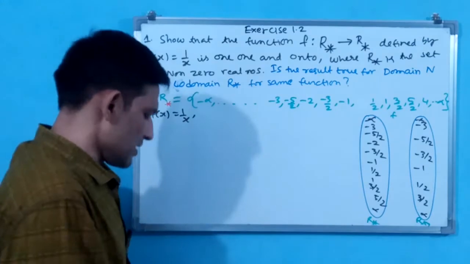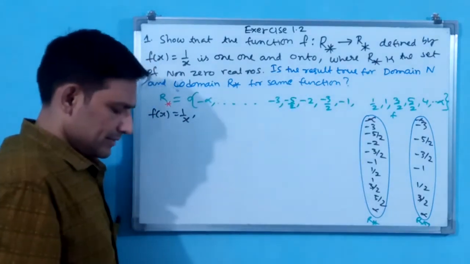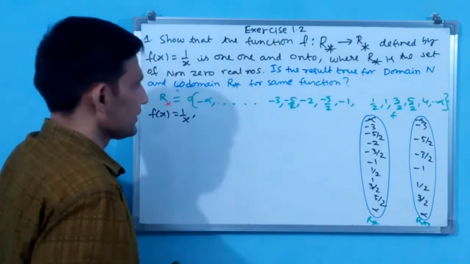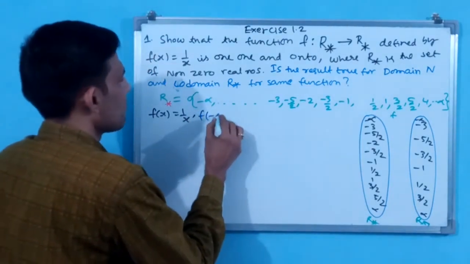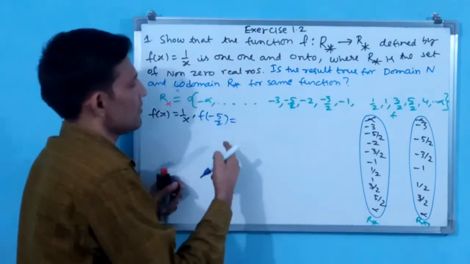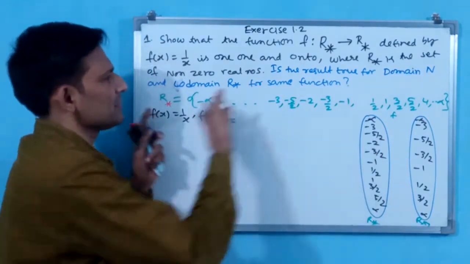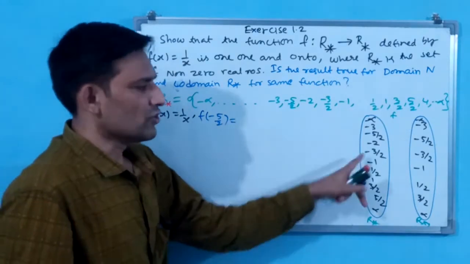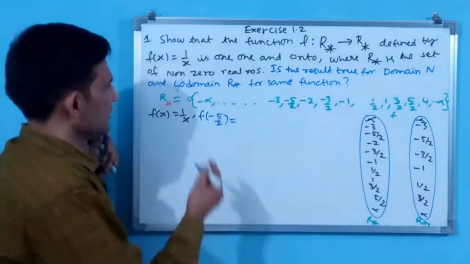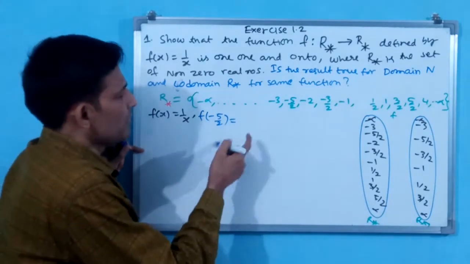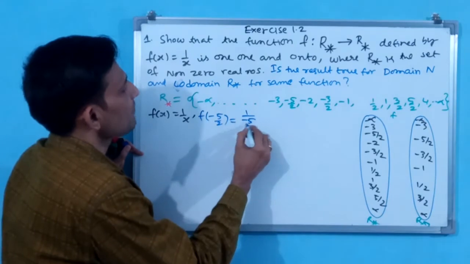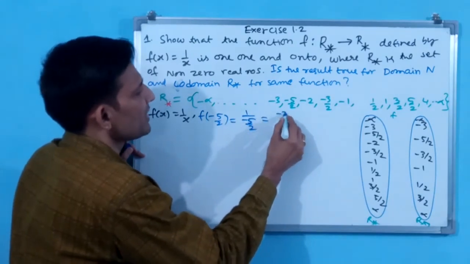Okay, now randomly I have taken minus 5 by 2 first. f of minus 5 by 2. See, we cannot take all of them, so 3 or 4 elements we take and we will compare. f of minus 5 by 2 means 1 by minus 5 by 2, that means minus 2 by 5.